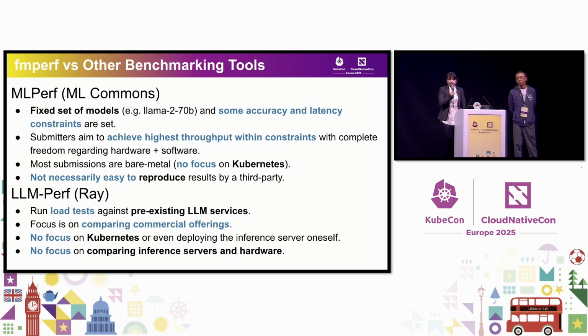However, those are not necessarily easy to reproduce. And then Fmperf runs load tests against existing services, especially commercial services, which doesn't give you the choice to deploy your own optimized server versions. Fmperf is really for yourself to compare, for example, different versions of your inference servers and different versions of your hardware, to give you an idea on whether you are improving your server performance or you got some regressions in your server performance.